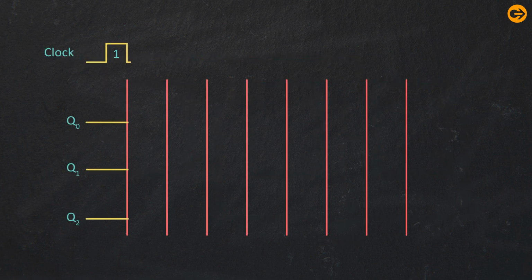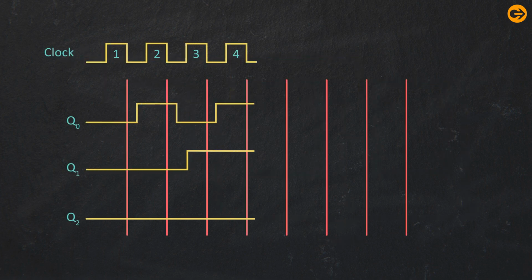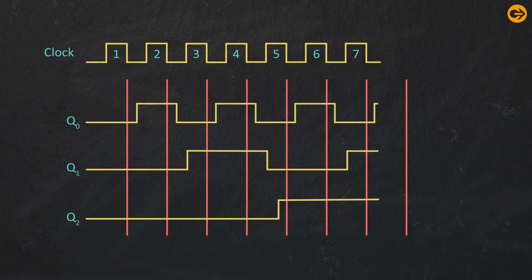In the given timing diagram, the value of Q0 toggles at every negative edge of the clock signal. Now, since the second flip-flop is clocked with Q0, the value of Q1 toggles at every negative edge of the Q0 signal. Similarly, since the third flip-flop is clocked with Q1, the value of Q2 toggles at every negative edge of the Q1 signal.